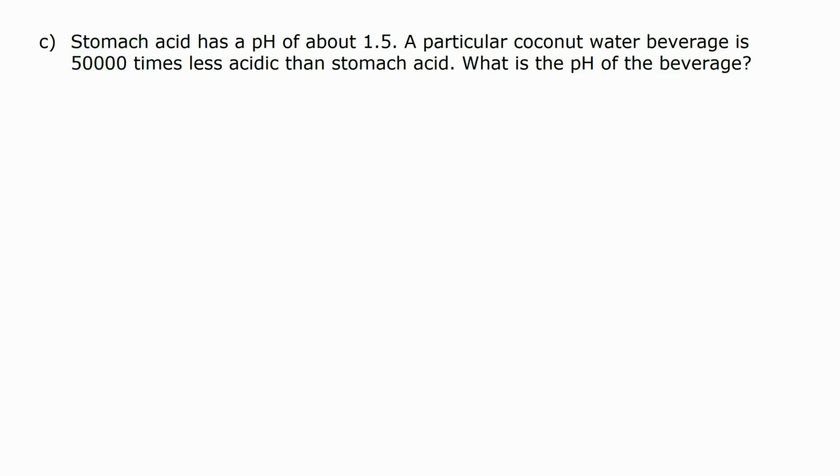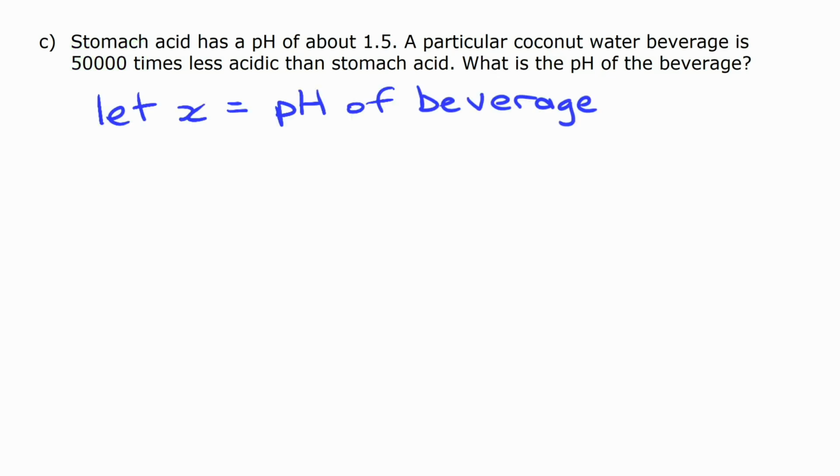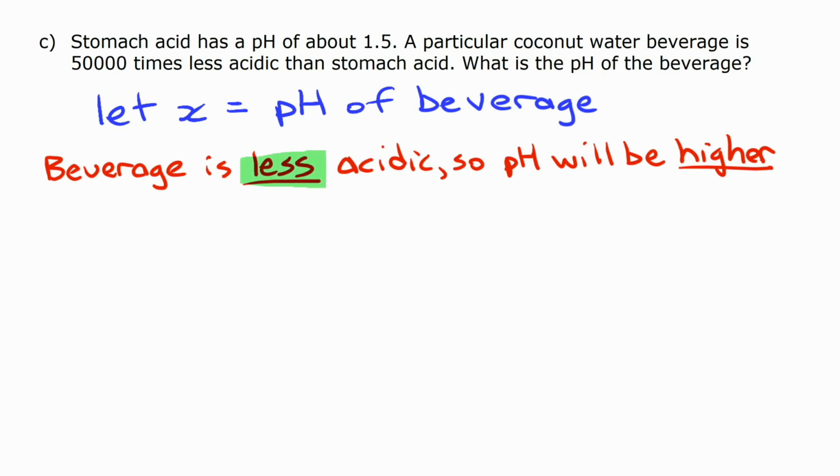And we could do something similar to what we did then, which was use a variable to represent the unknown pH of the beverage. And we have to remember here, again, the two directions on the scale. The beverage is less acidic, so the pH is going to be higher on the scale. And so if we write our equation here, well, we can write that 10 to the x minus 1.5.